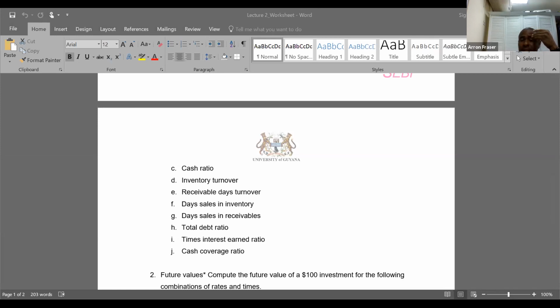So the days sales in receivables would be 365 days divided by receivables turnover of 19.6 times. So you'll end up with 18.6 days. That's the amount of days that people take on average to pay you. Any questions, comments, clarifications?